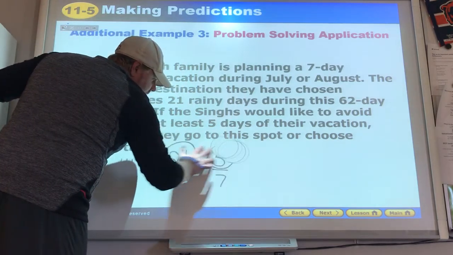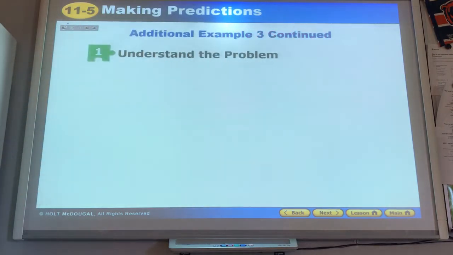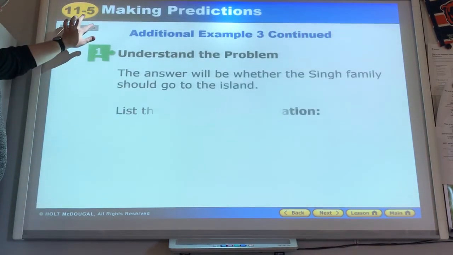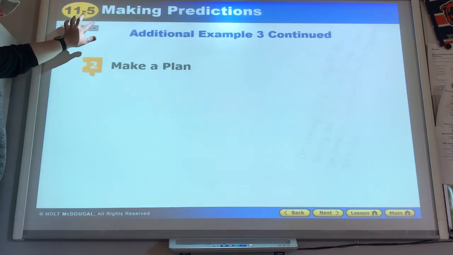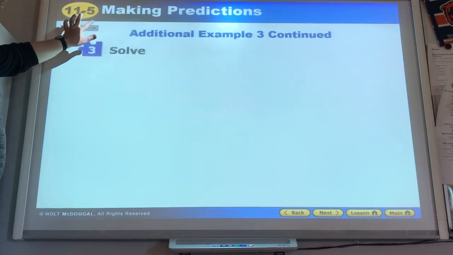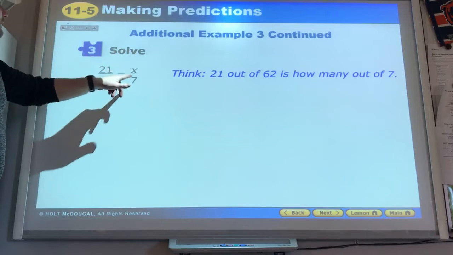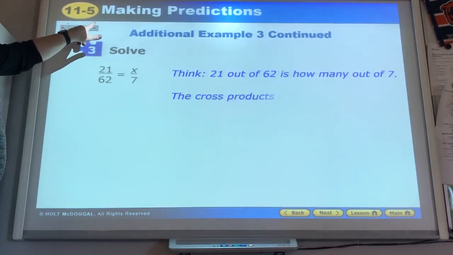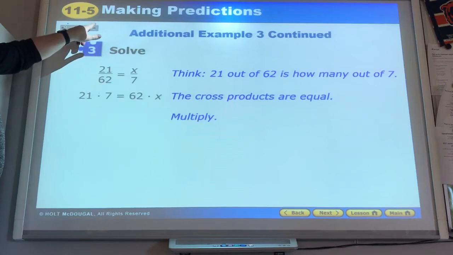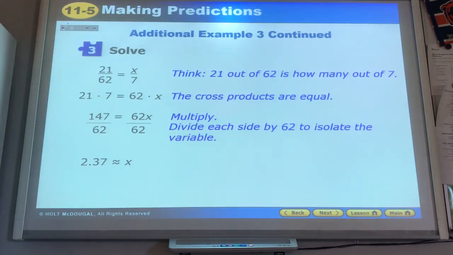So let's see. That is my way that I was thinking about that problem. Let's see how they think about it. All right, understand the problem. All right, 21 out of 62 days of rain. They want 5 days of their vacation rainless. All right, on average, 21 out of 62 is how many out of 7? So they took away that 5 and, all right, they're going to do their cross multiplying. 2.73.